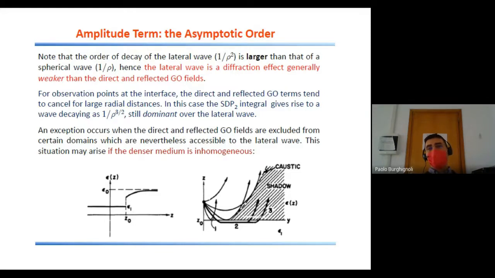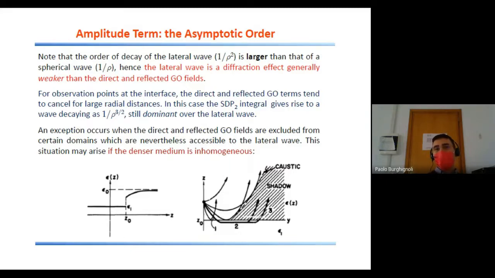Now, for observation points at the interface, actually, the direct and reflected geometrical optic fields tend to cancel for large radial distances. So if you have a source that is close to the air-soil interface and you are observing radio waves very far from the source, there would be a cancellation between the dominant direct and reflected geometrical optic fields.